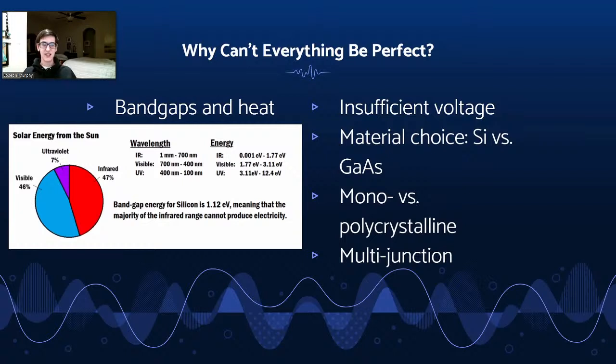As I've already said, different materials have different band gaps. You might think that having a smaller band gap would be better, because you would think that a semiconductor with a smaller band gap could absorb photons of longer wavelengths with less energy, and it would still be enough to excite electrons into the conduction band.